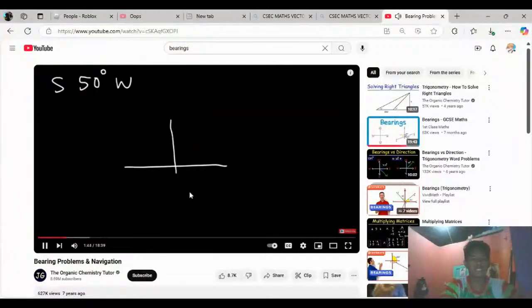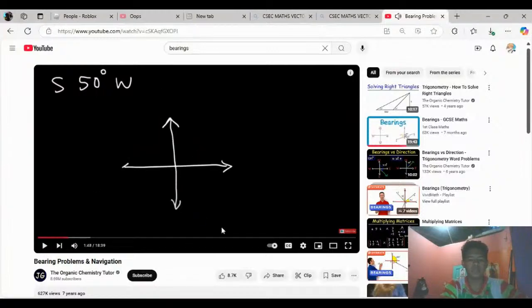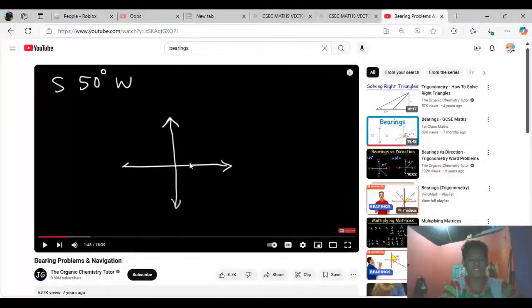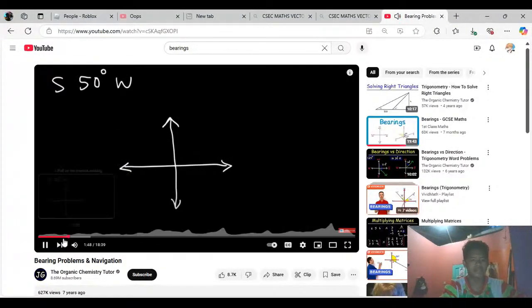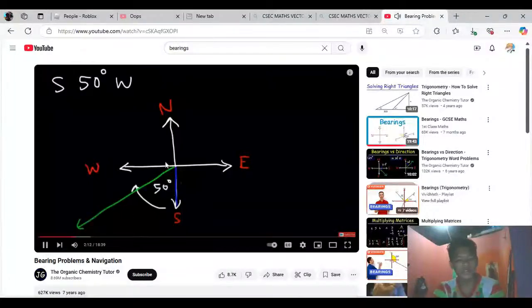It's south 50 degrees west. North, south, east, and west. So if it's 50 degrees, it would be over here. I would suggest around 50 degrees going to the left. South, yeah, so south downwards 50 degrees.